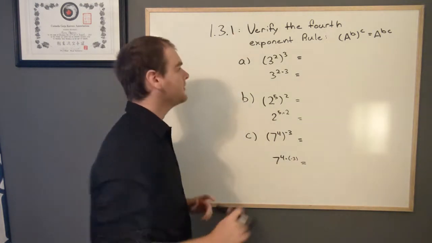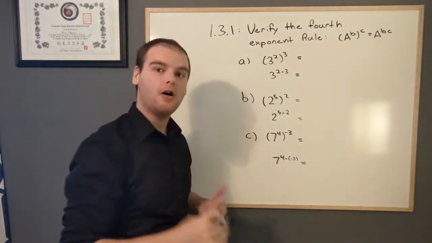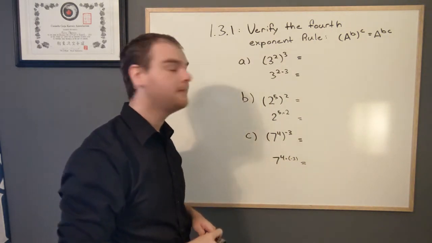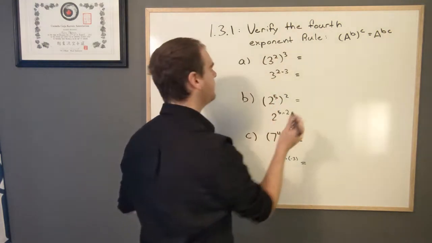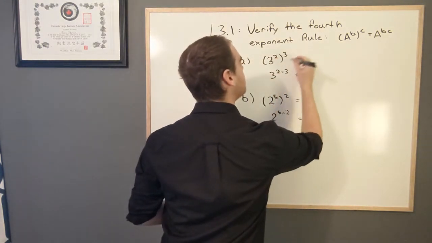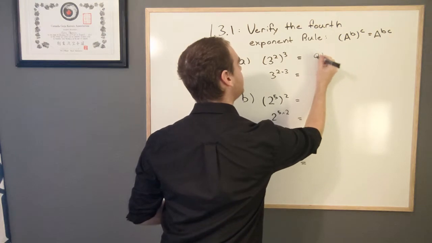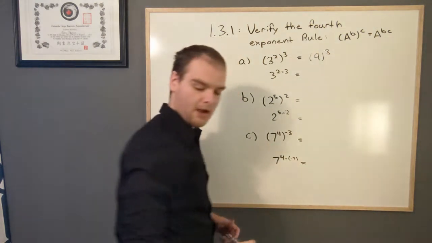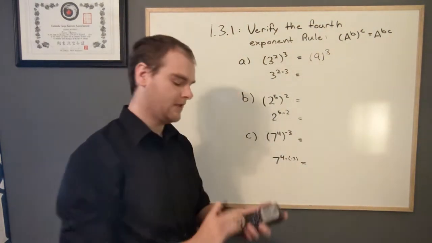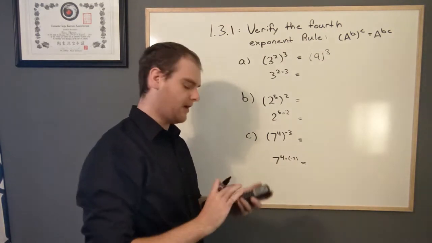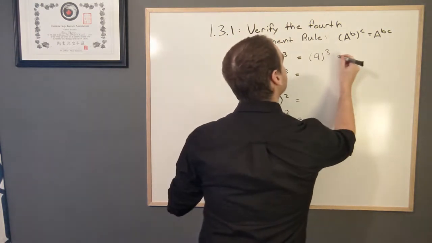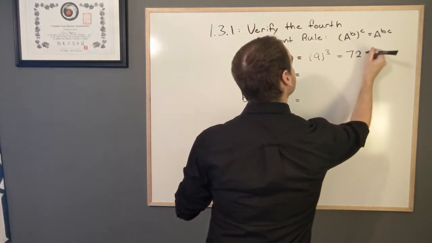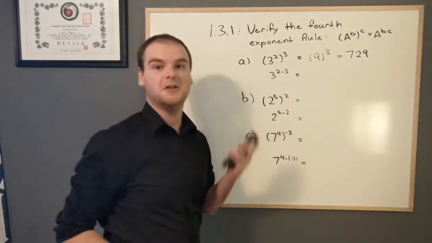So in this first part, we have 3 squared, all of that to the power of 3. First, we solve inside the bracket. That'll be 3 squared, which is 9, to the power of 3. And then 9 to the power of 3 is 729.